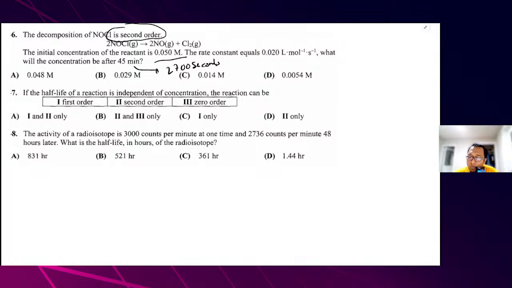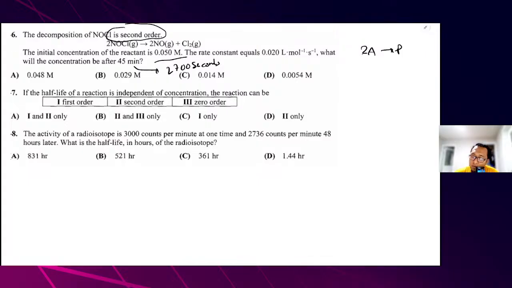The second order rate law, it will be like what? Oh, okay, I will derive the second order reaction to make it more clear for us. Now we know from the reaction we have 2A going to product, right?